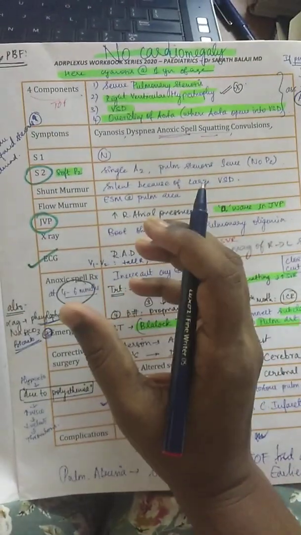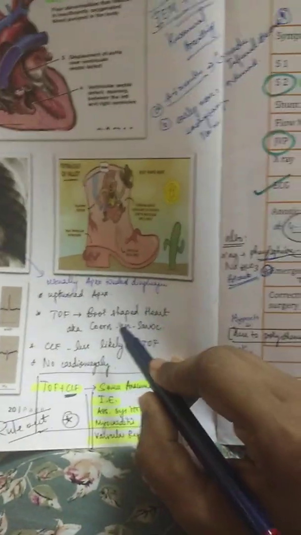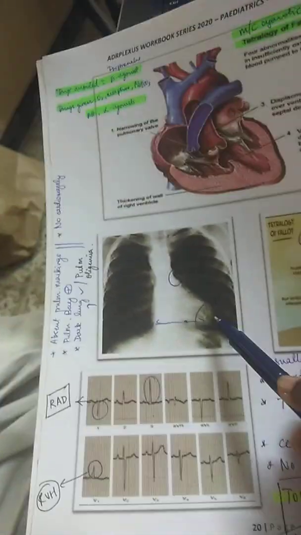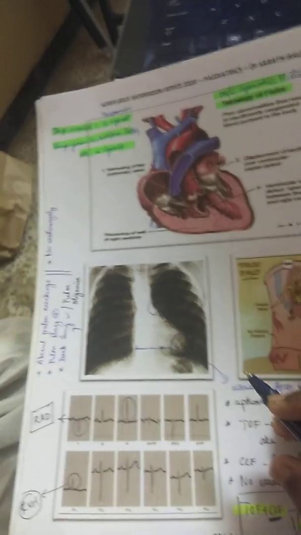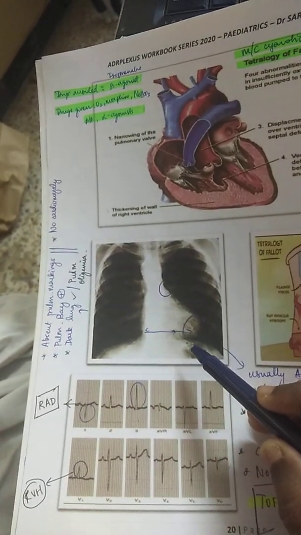Now, why is it a boot shaped heart? It is also known as Coeur en sabot. There is no cardiomegaly, and that is why there's a boot shaped heart.